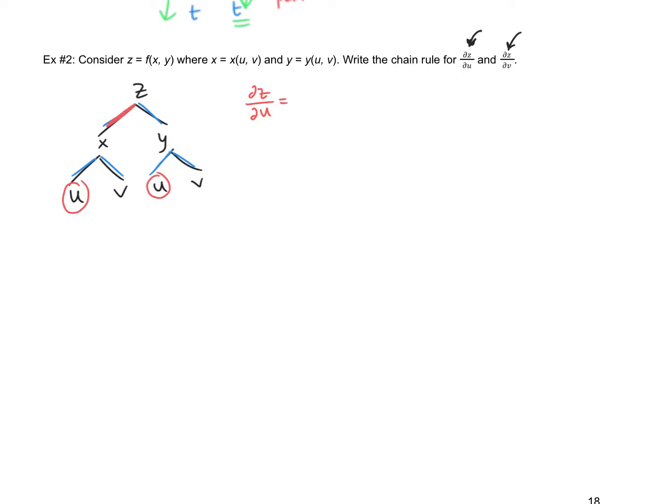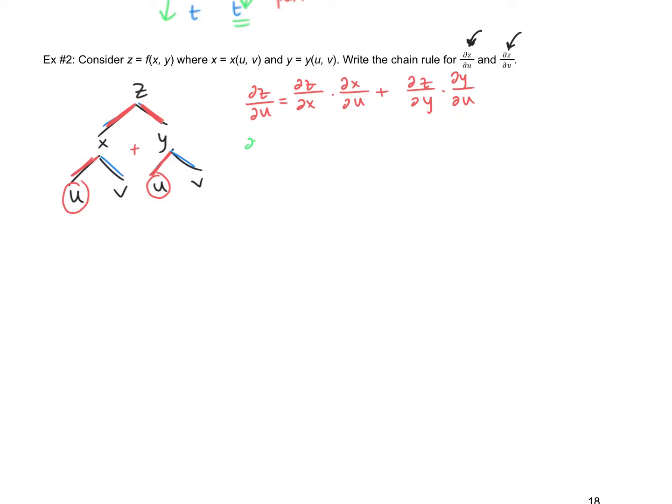So I would take this branch, and I would add to that, taking this branch and this branch. So that would be the partial of z with respect to x times the partial of x with respect to u, and then it's the partial of z with respect to y and the partial of y with respect to u. So that would be the chain rule for dz/du.